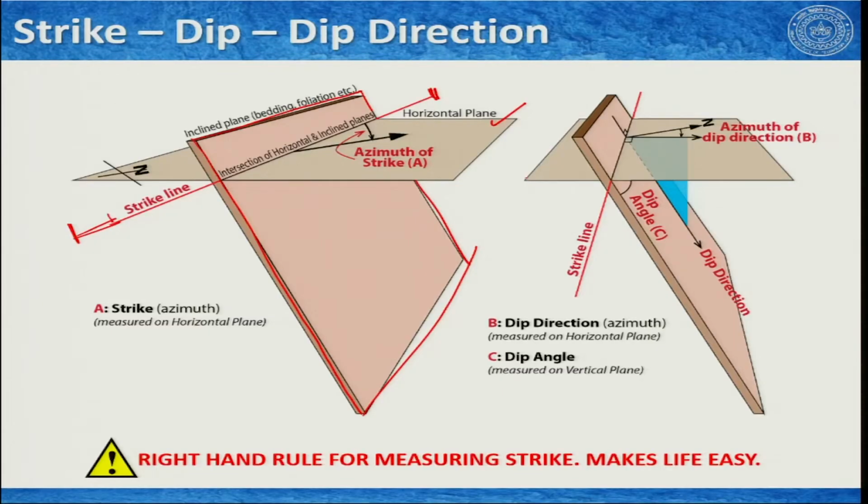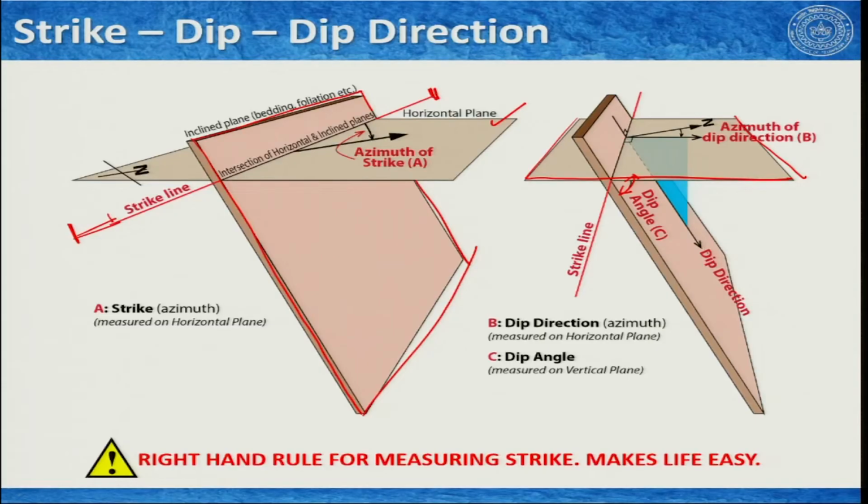In this case you can see that this is the imaginary horizontal plane, and the angle it makes is this one, known as the dip angle. The direction the bed is inclined to, or the direction it is sloping, is the dip direction. Okay. If you use the right hand rule for measuring strike, it makes life easy, we will see it later.